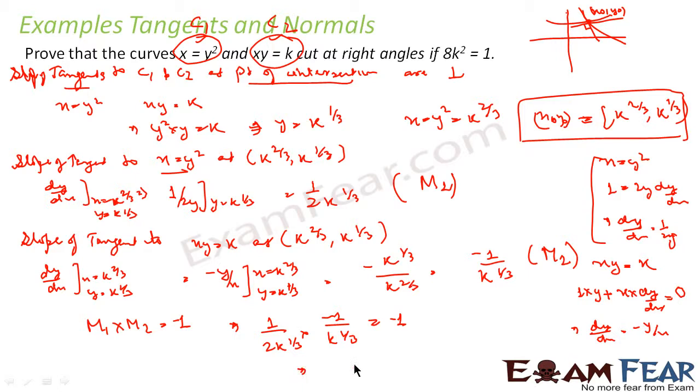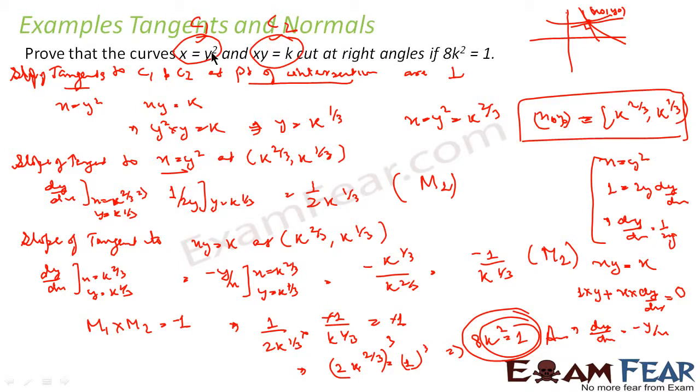If you solve this, the minus signs cancel, and 2 into k to the power 2 by 3 is equal to 1. But I have to prove 8k square is equal to 1. So let's cube both sides. So this is nothing but 8k square is equal to 1, and that is what I have to prove, and I have proved this, that 8k square is equal to 1.